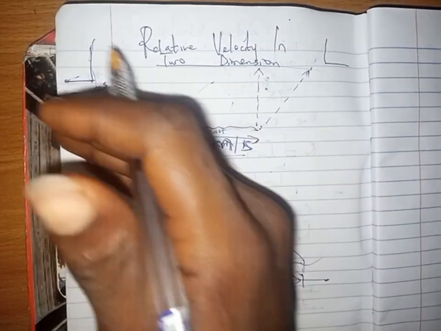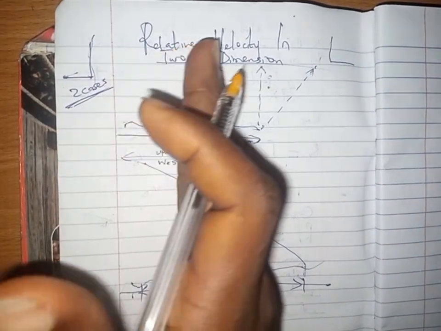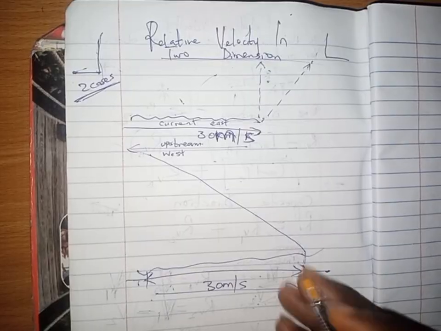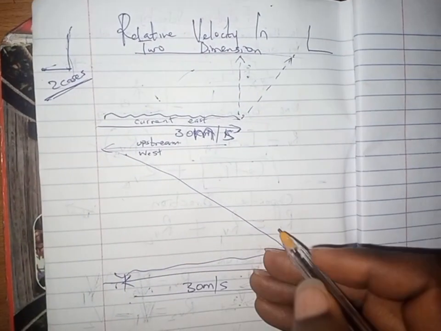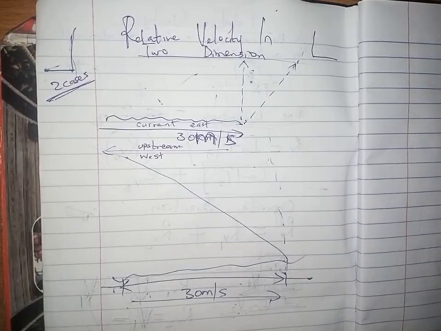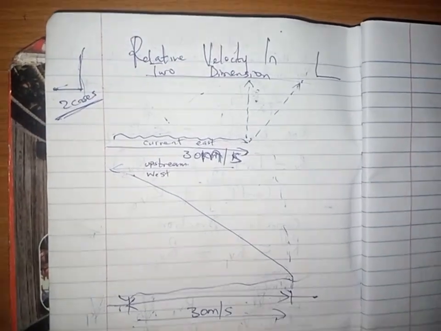So that as the current is trying to push him, at the end of the day, he can now get to the north. You see it? At the end of the day, he can now get to the north.